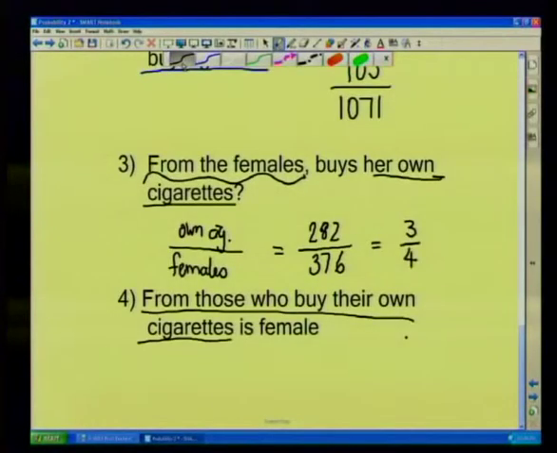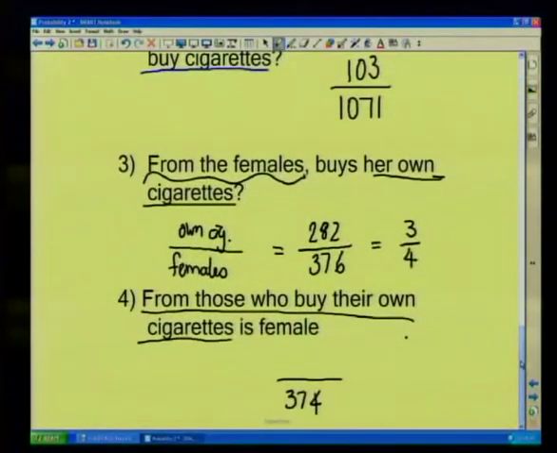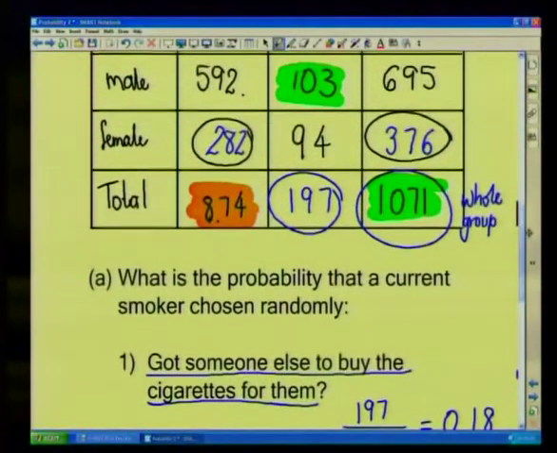Let's write our denominator. 374. Check that, no, it's actually 874. It's always a good idea to check. And now we're looking for, of those 874 people, how many were female?